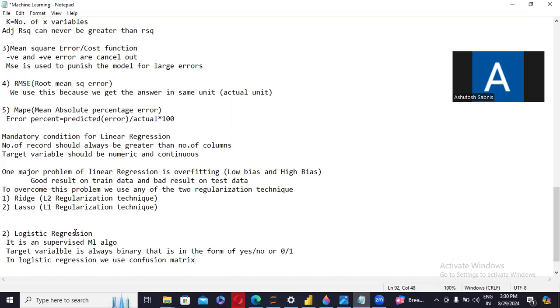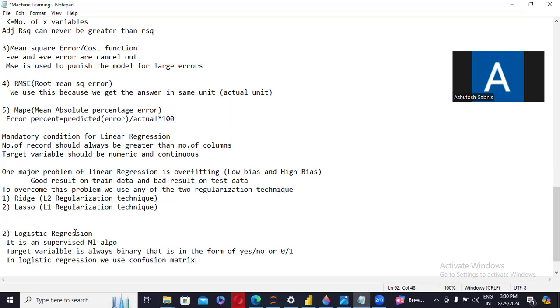As we have learned in linear regression, some evaluation parameters like RMSE, MSE, right? So in logistic regression, which is a classification algorithm, we will evaluate the parameters with the help of the confusion matrix. First, we have to plot the confusion matrix. Then we have to judge it.